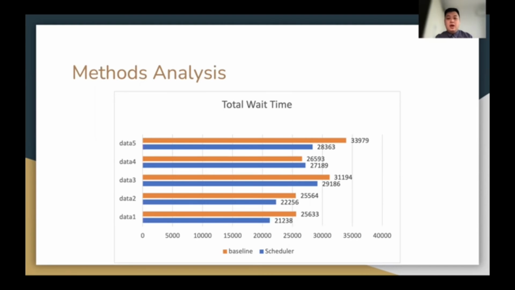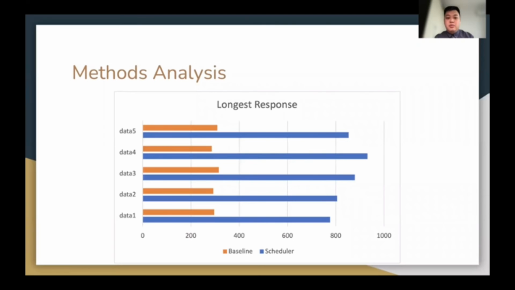The same reason impacts the longest response time here. You can see our scheduler performs much slower than the baseline scheduler. And also in dataset 4, there is the longest time, which also indicates that dataset 4 may have the most high priority customers in these 5 datasets.